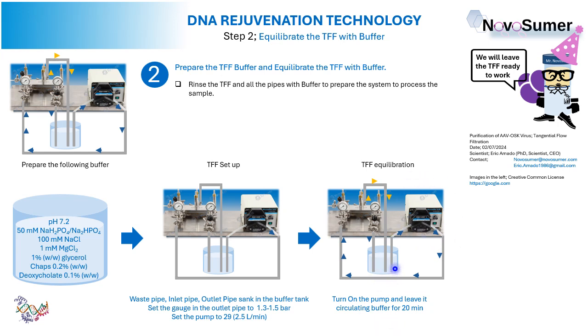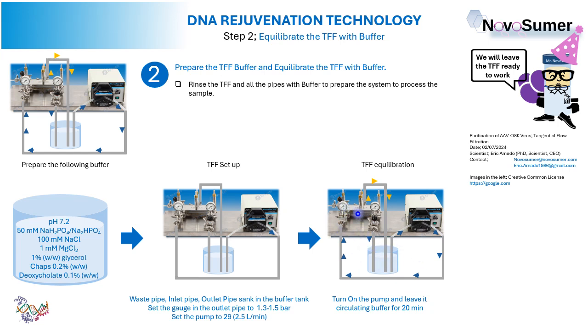Let's see. As I have told you, the buffer will go from the buffer recipient to the pump, from the pump to the TFF. And inside the TFF, when you have an excess of pressure, it will go to the waste pipe. You see here? So the buffer will go to the waste pipe. It will end up in the buffer container.